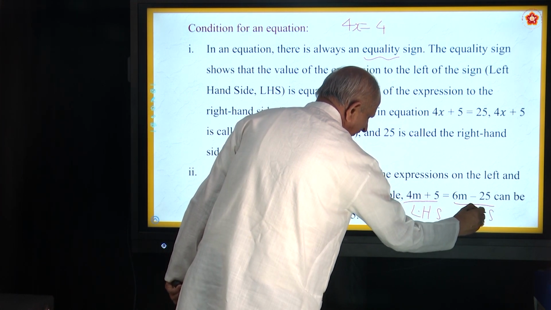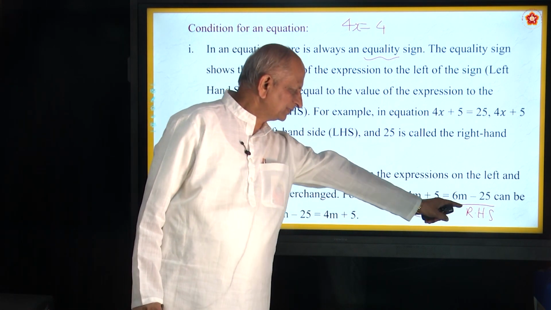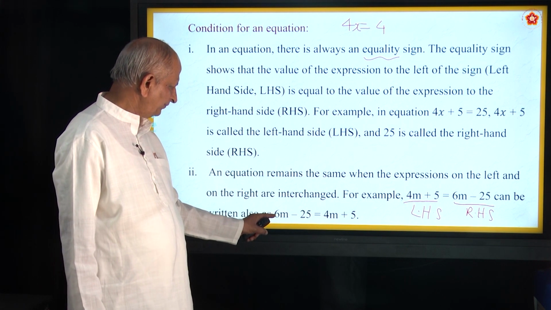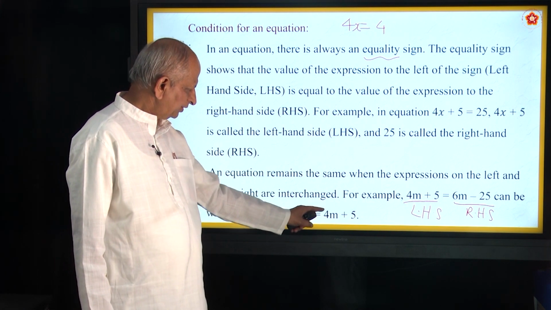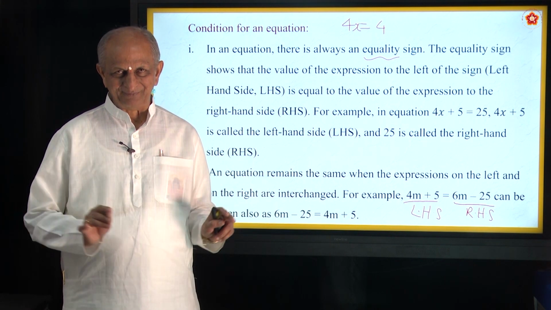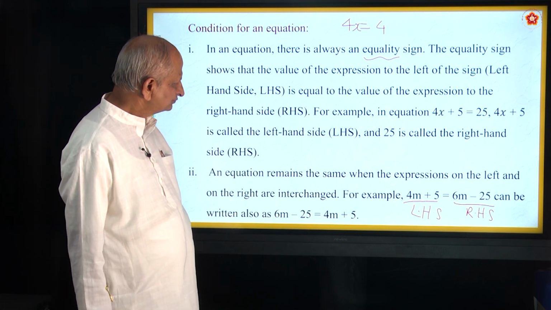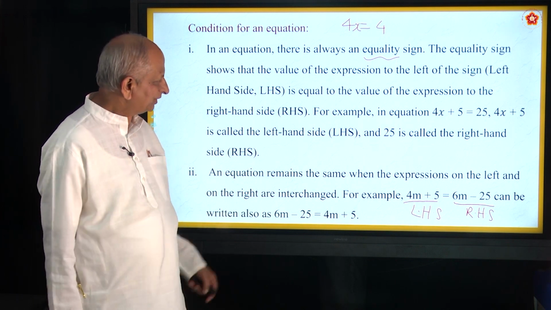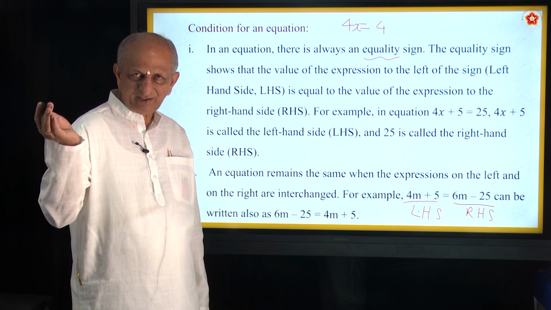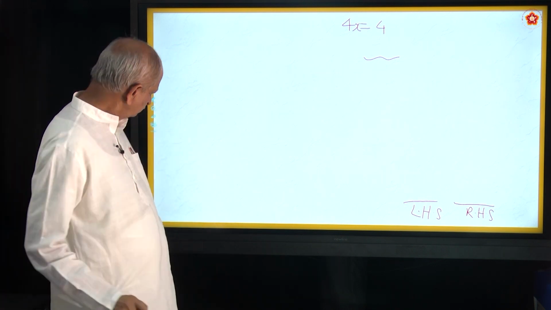What am I interchanging? Exchanging. So, bring this to left, bring this to right. Then the equation becomes 6m minus 25 is equal to 4m plus 5. So, both are the same. That is the meaning. Okay? Understood? So, these are the two conditions. You understood the words left hand side, right hand side? Okay, very nice.